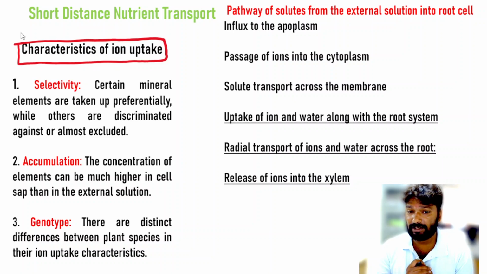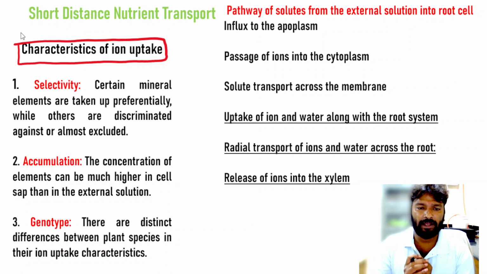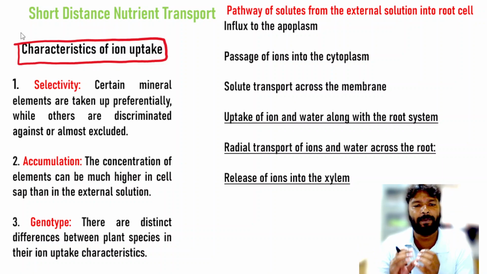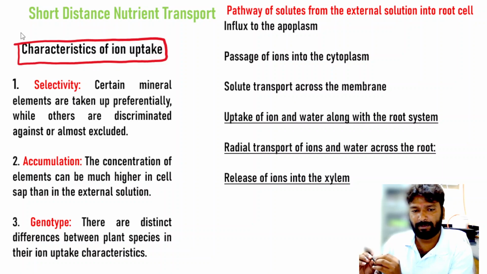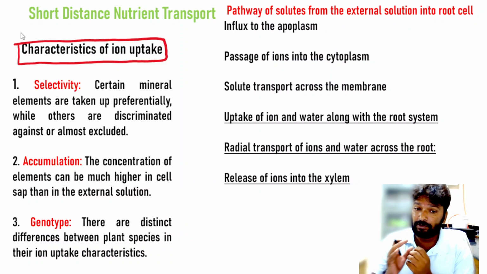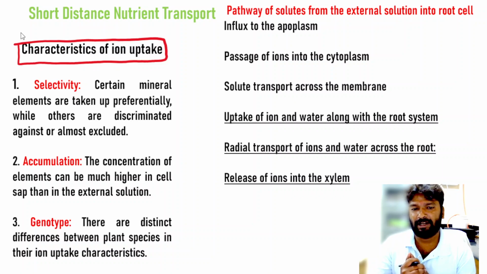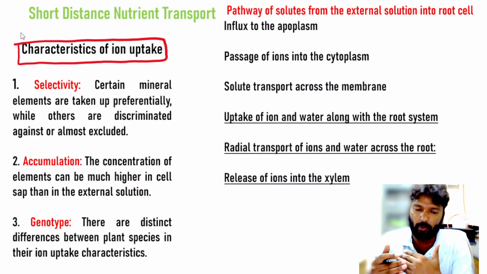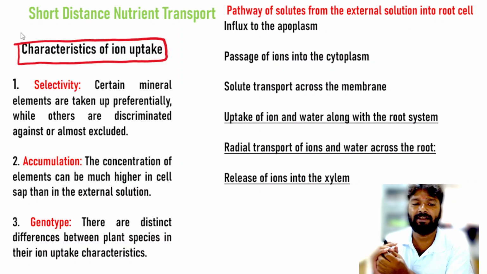So what is selectivity? Friends, you know that in the soils a number of mineral elements are present, but the plant requires only 17 nutrients. They are known as micro and macro nutrients. So how does the plant select that I need only these nutrients? This is known as selectivity.